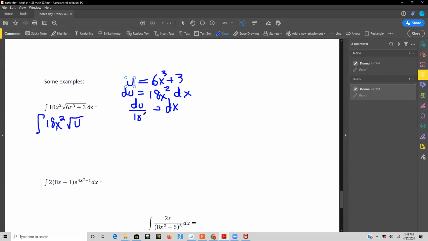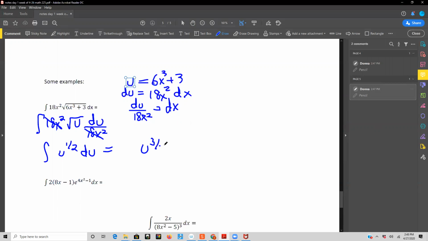So du over 18x squared, and like magic, the x squareds and the 18s cancel. So what I really have is the integral of the square root of u, which is u to the 1/2, times du. So remember, to integrate that, you're going to raise it by a power. So 1/2 plus 1 is 1/2 plus 2/2 is 3/2, or do it on a calculator, I don't care.